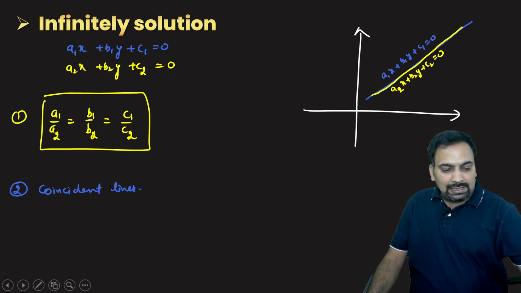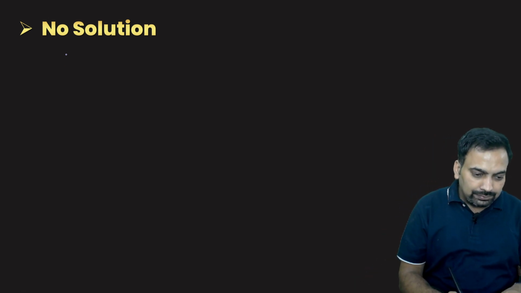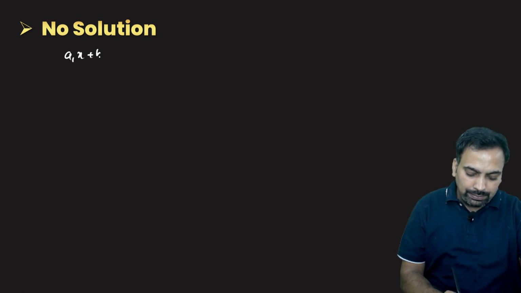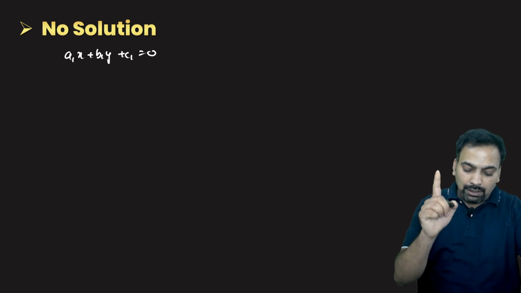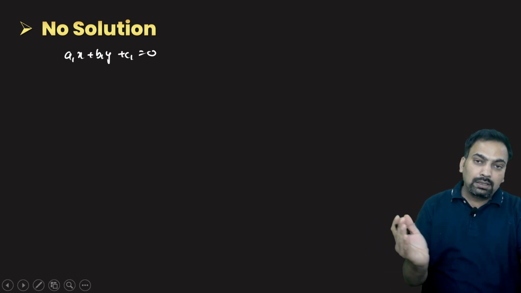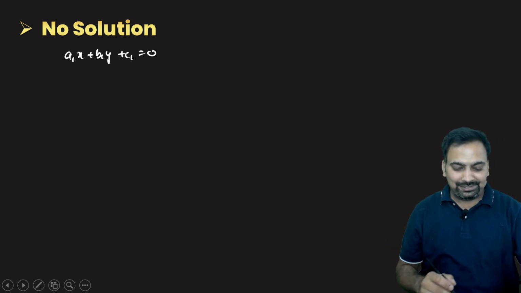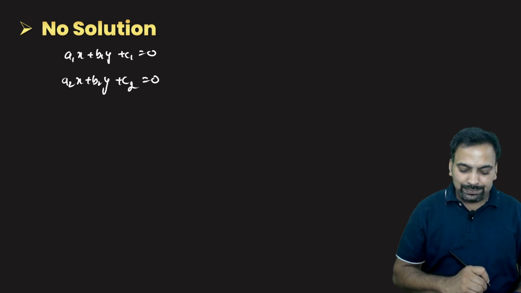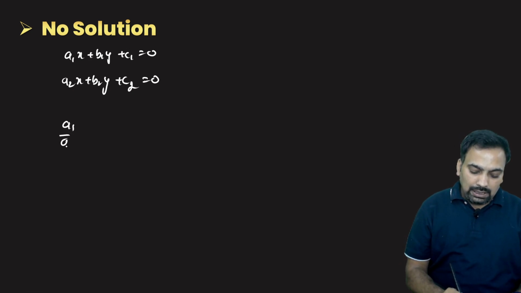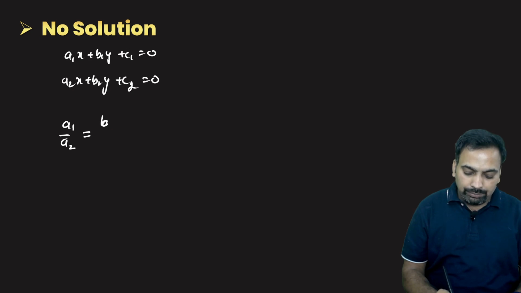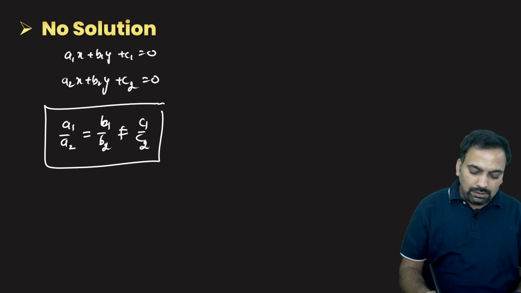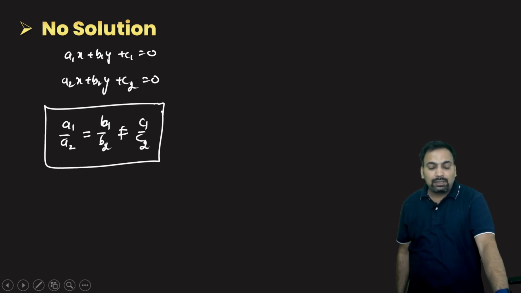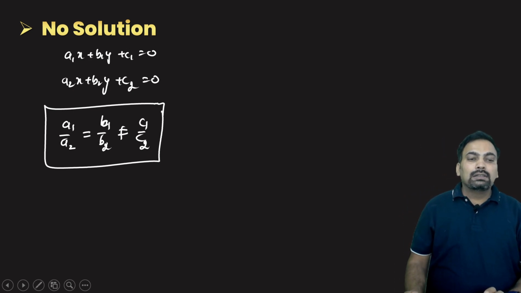Now the last one is no solution. It's simple. If your equation is a1x plus b1y plus c1, our number one compulsory condition is: bring all the variables and constants to one side, a2x plus b2y plus c2 is equal to 0. If a1 upon a2 is equal to b1 upon b2, but not equal to c1 upon c2, this is the no solution condition.